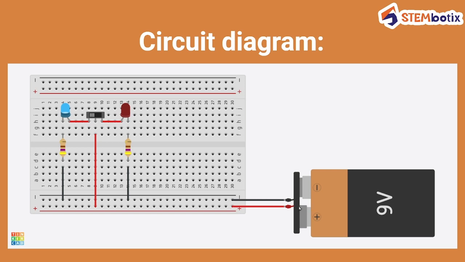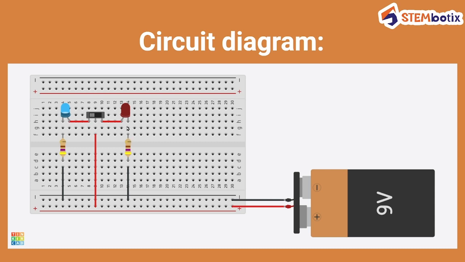Now the battery's negative terminal is connected to the negative rail of the breadboard, and the positive terminal of the battery is connected to the positive rail of the breadboard, and the common node of the slide switch is also connected to the positive rail of the breadboard. This terminal is connected to the anode of the blue LED, and the other terminal of the slide switch is connected to the anode of the red LED.